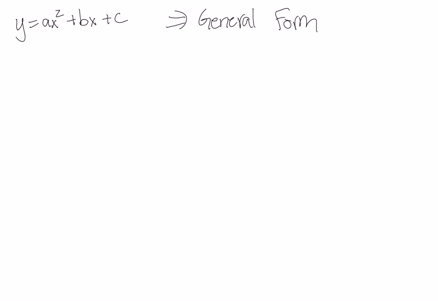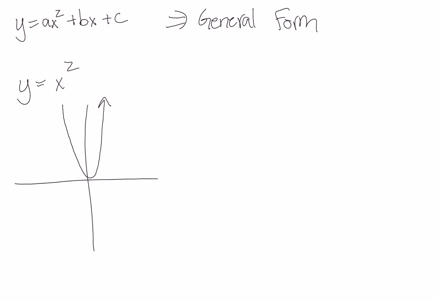So if we're to graph, let's resketch y equals x squared, so that's assuming a is 1 and we don't have a b and a c. So that was the graph we just looked at. It looked something like that. So now what we can do is we can look at what happens when we look at other types of graphs that are similar.